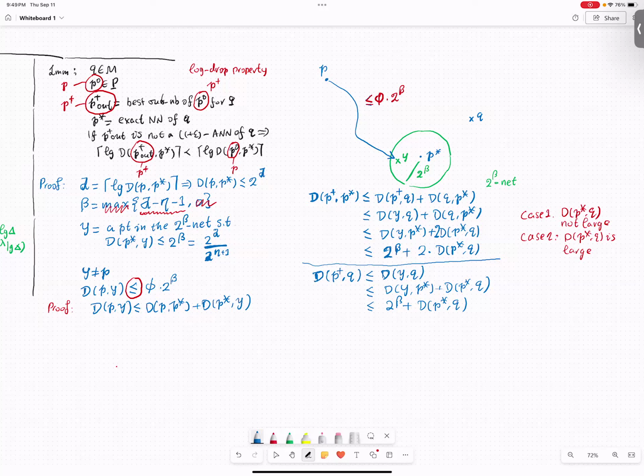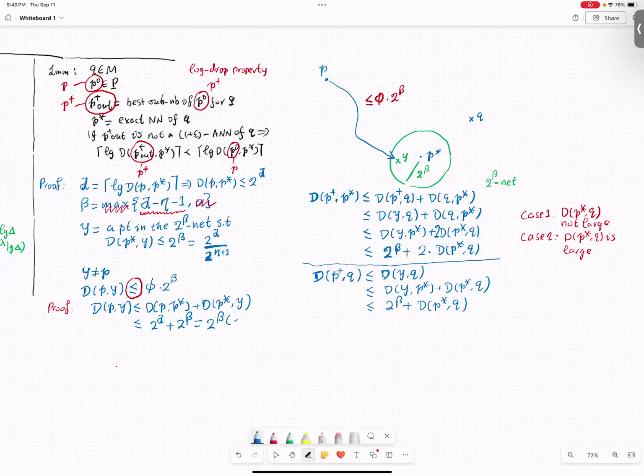We already know from here that d(p, p star) is bounded by 2 to the power of alpha. And d(p star, y), as you can see, is bounded by 2 to the power of beta. And then you massage the terms a bit.